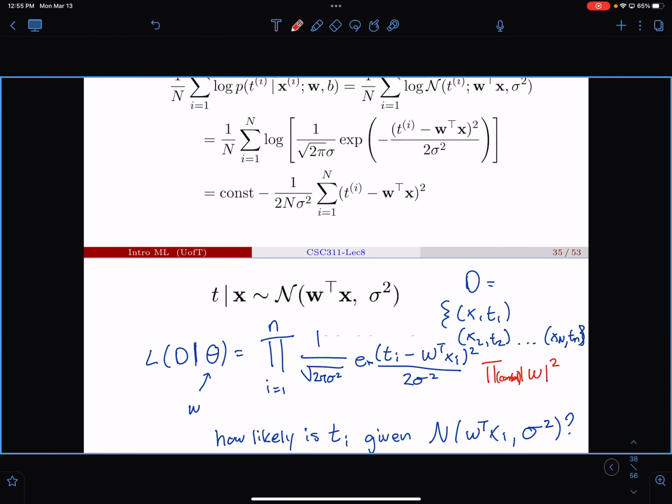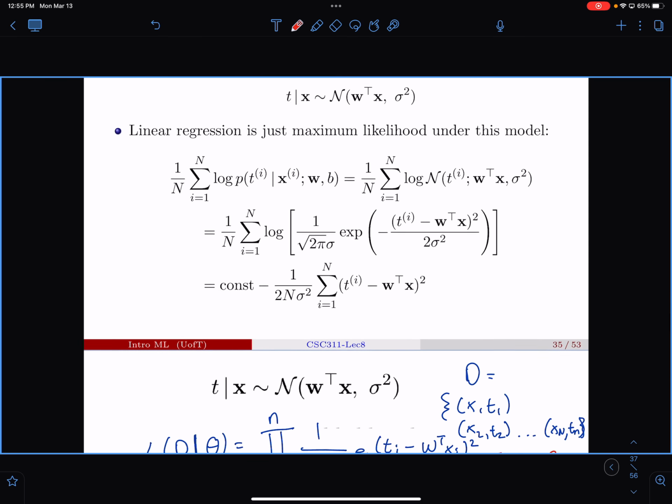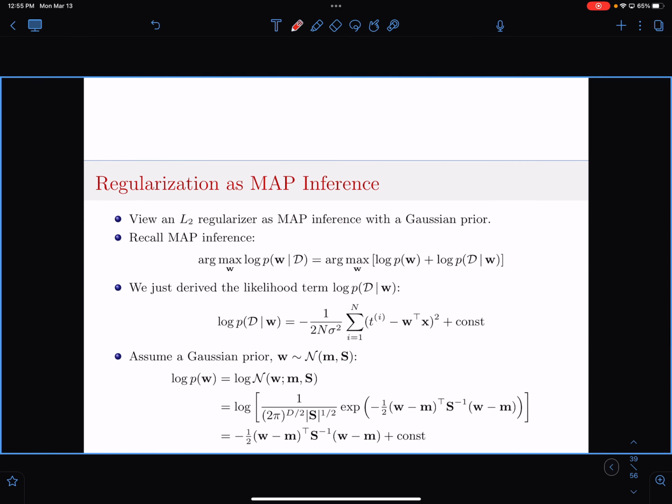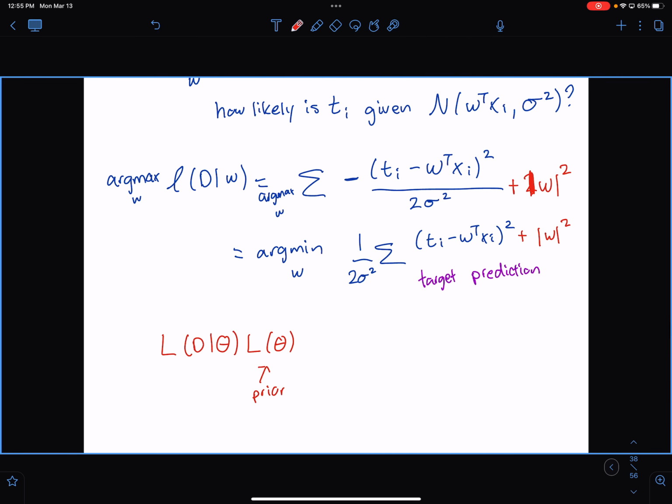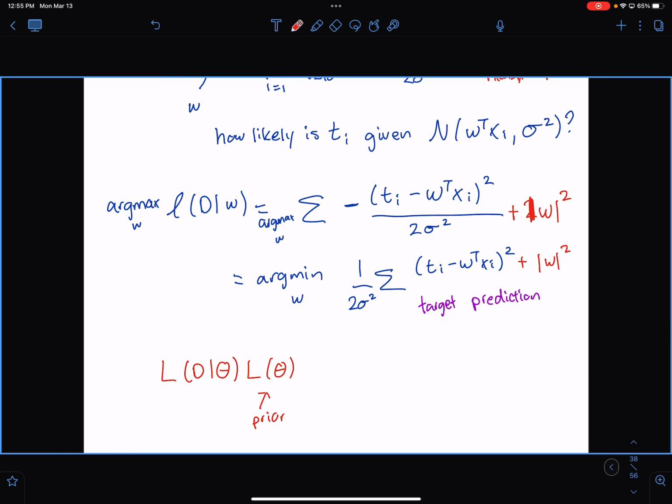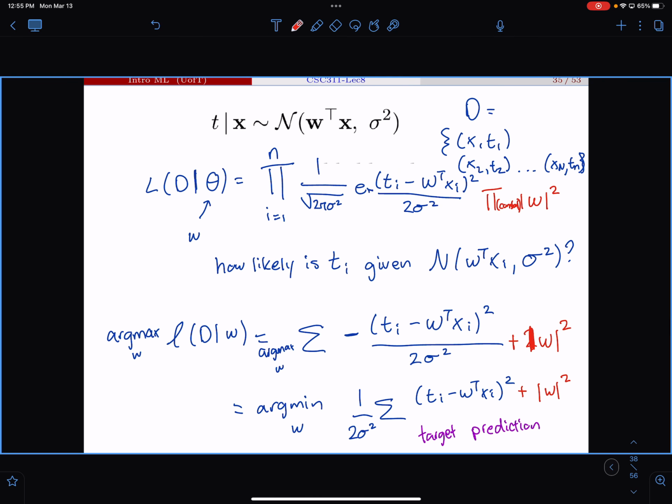I think the example in the slides uses multivariate Gaussians for the posterior, so it looks a little more complicated, but I'll figure out how the univariate case works. Any questions here?